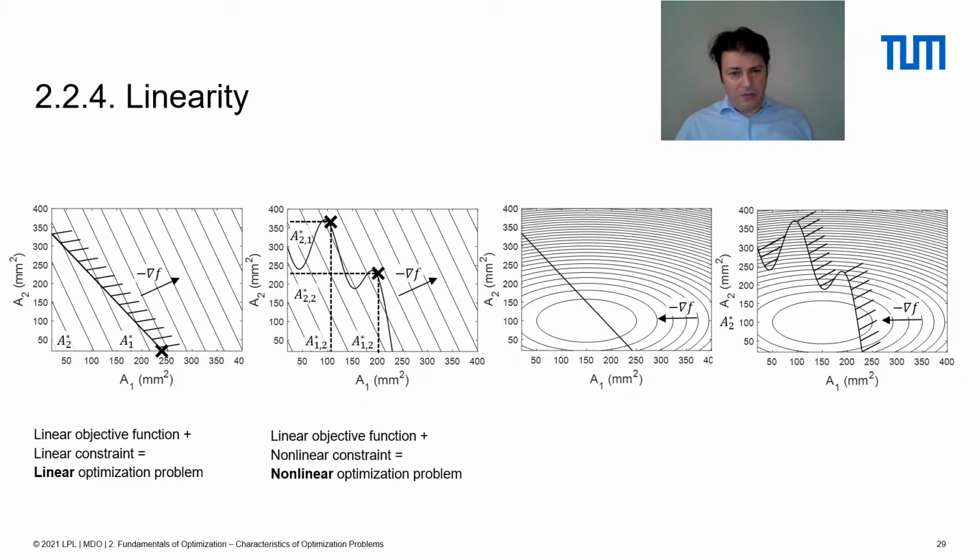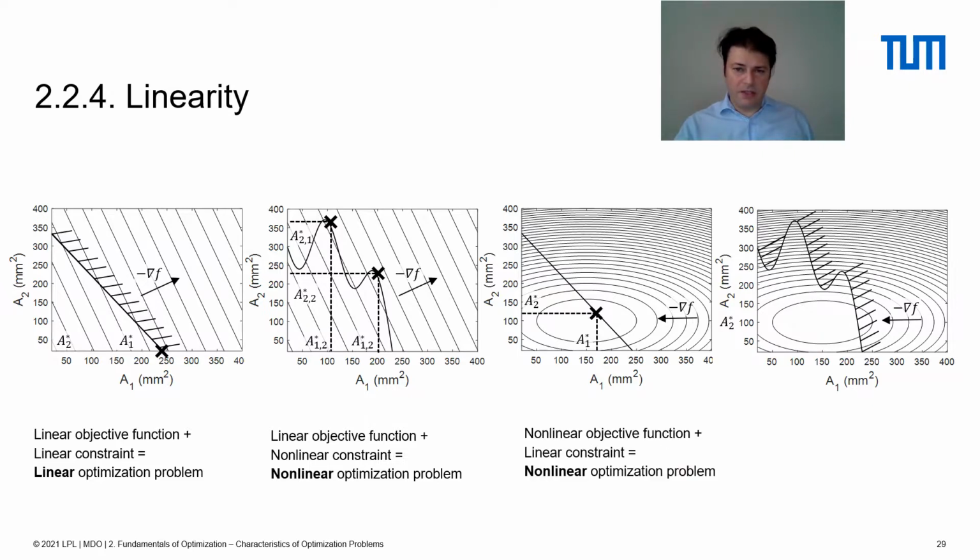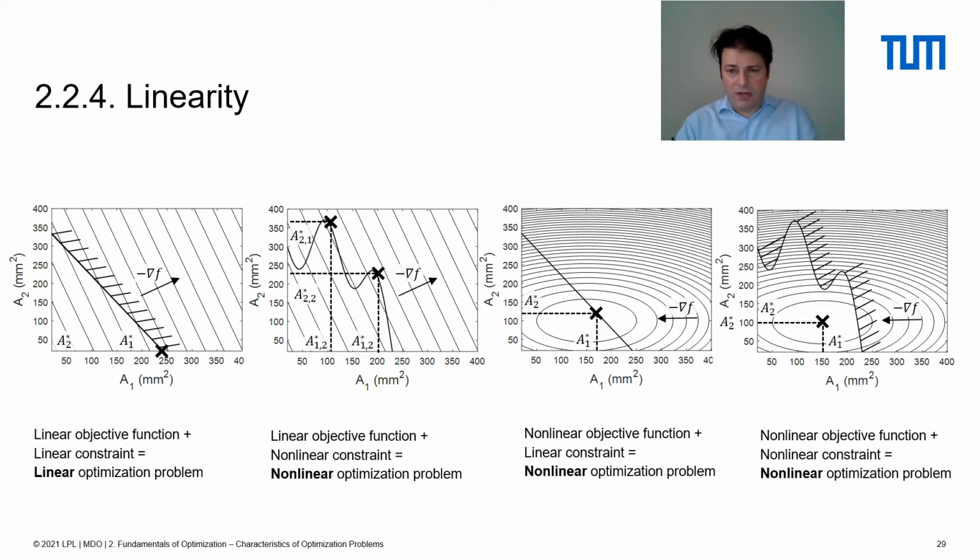When your objective function is linear, but your constraint functions are not, you unfortunately still have a nonlinear optimization problem. And of course, when your objective function is nonlinear and your constraints are linear, it doesn't matter, you still have a nonlinear optimization problem. And when both your constraint functions and your objective function are linear, then you will end up with a nonlinear optimization problem too.